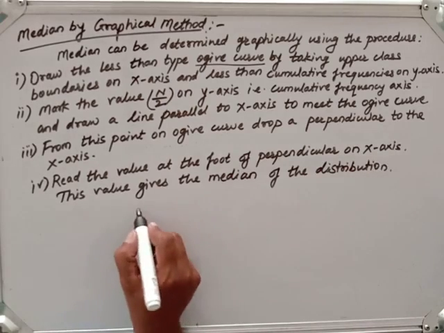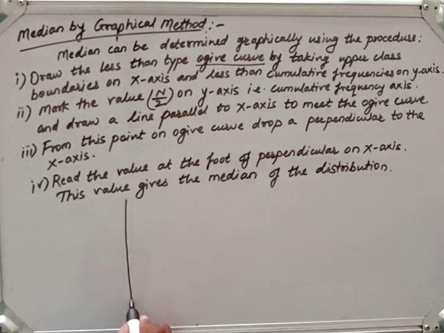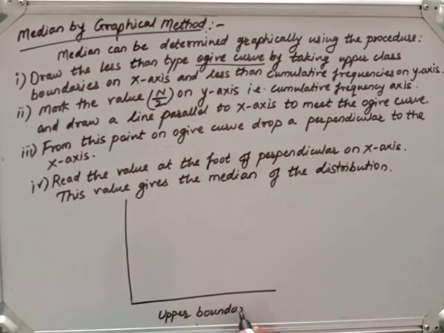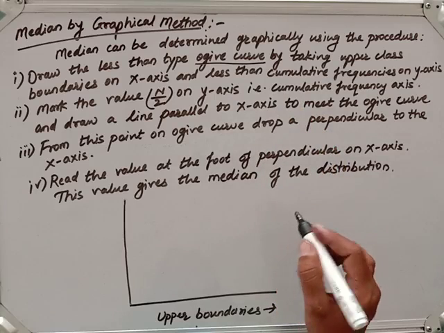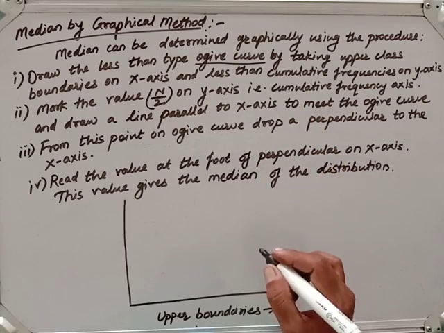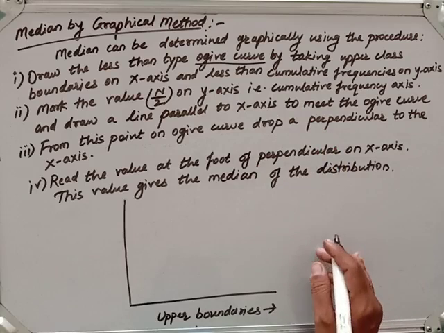Okay, so let me show you. Here we are showing upper boundaries to draw the less than type cumulative frequency curve. Already we have seen it in the previous chapter, so go through that video if you don't know that part.